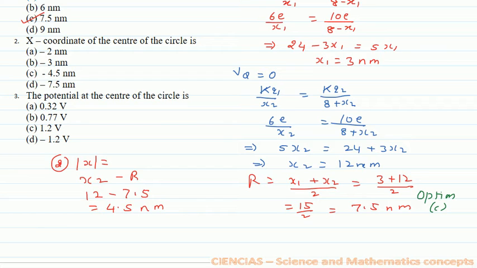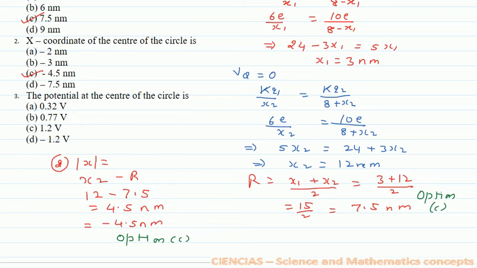Since it is on the left side of the origin, it will be negative. So that is equal to minus 4.5 nanometer. So the option becomes option C. Here we tick option C.